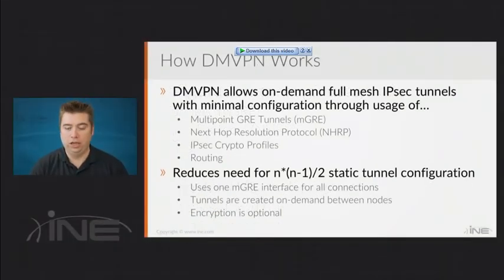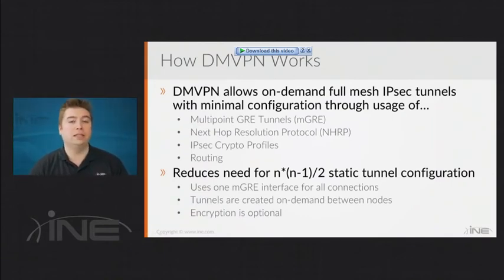Like Layer 3 VPN, the configuration can get pretty involved. In the case of DMVPN, we have a very standard template that we would deploy on all the spoke routers in the network, and basically just change one field, which is going to be their IP address, and then they're all able to join the network. And so this means from a manageability point of view and an actual deployment point of view, DMVPN is a very simple configuration once you get the basic design set up.